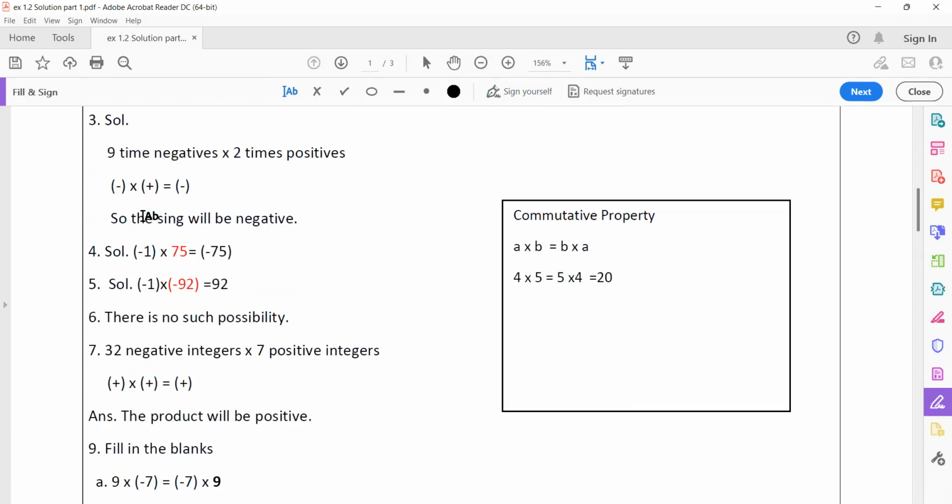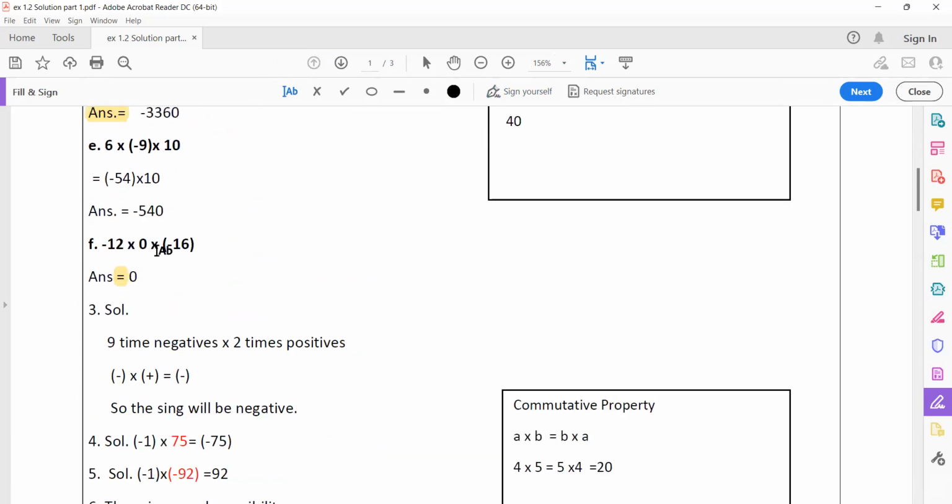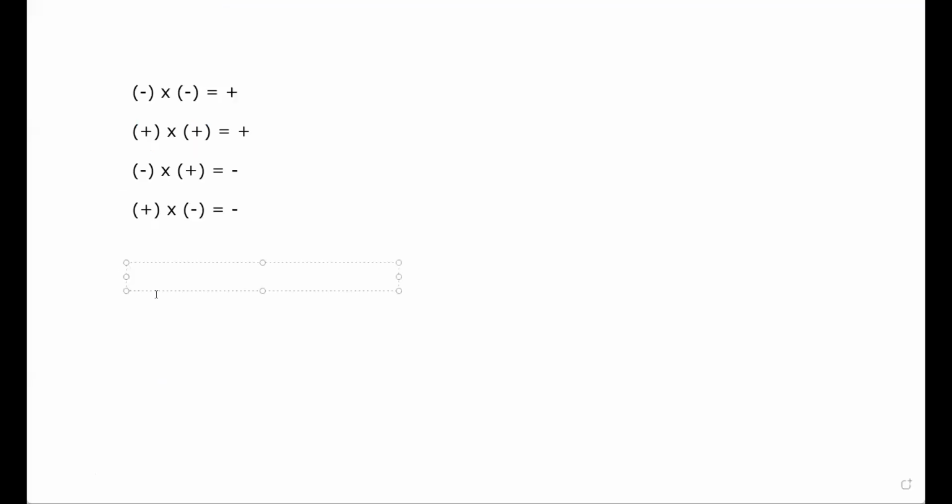When we multiply negative numbers with any integer and 0, the result should be 0, so we don't need to do anything. The reason is very simple: this is a property.